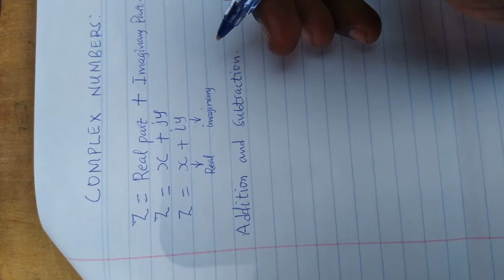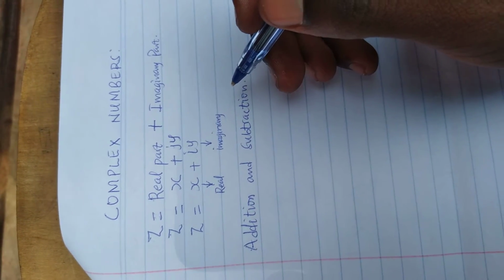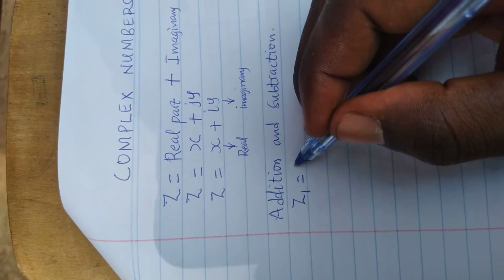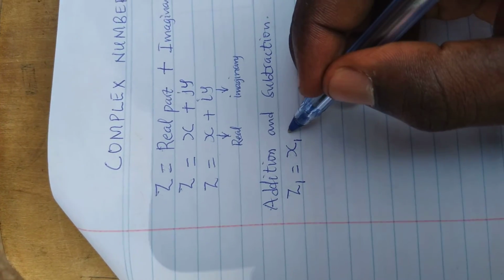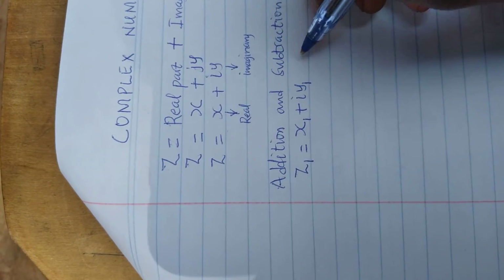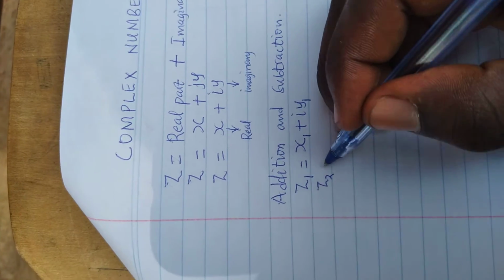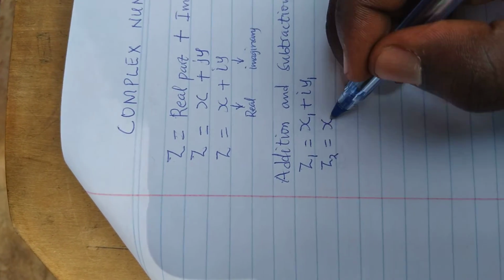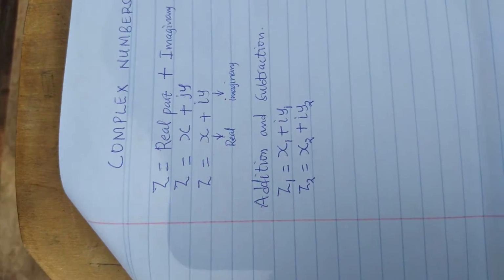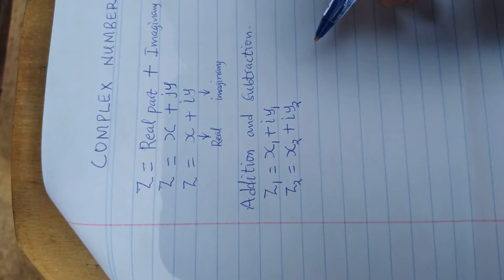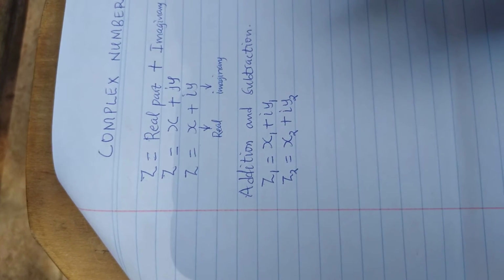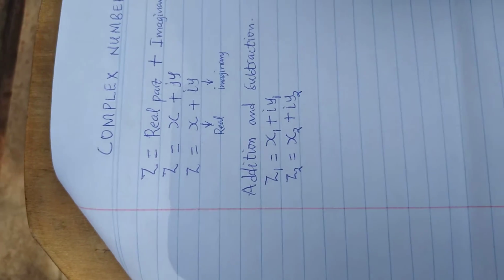When you're adding or subtracting two complex numbers, for example z1 is equal to x1 plus I y1, and z2 is equal to x2 plus I y2, you add the real parts alone and the imaginary parts alone.